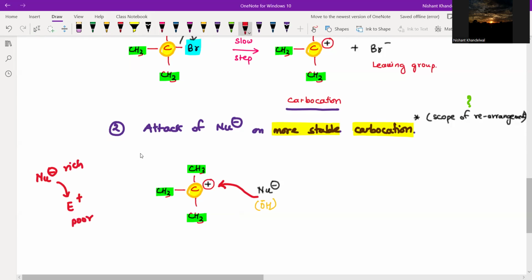So the electron transfer is just like this, and after this transfer we can get a bond. This carbon is electrophilic and this one is nucleophilic, OH minus.